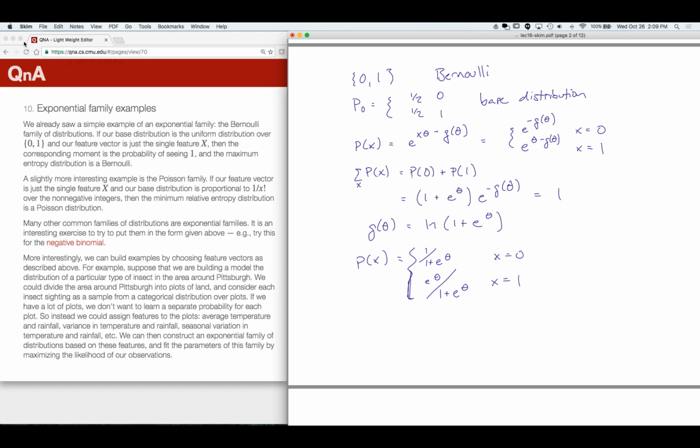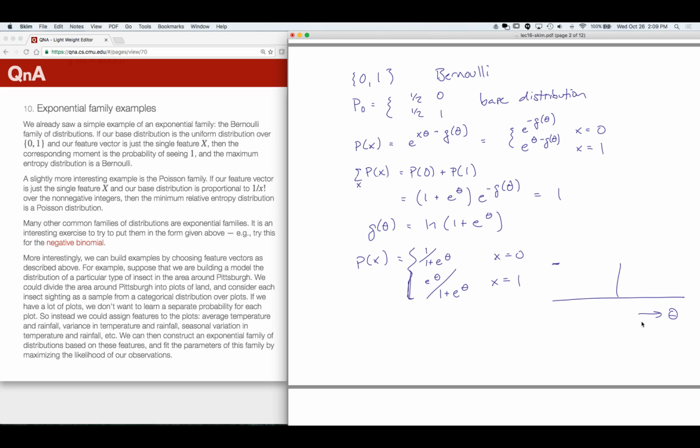And if we plot that, it's easier to just plot this one. This is the theta axis. If theta is very negative, e to the theta will be very small, and so this will be essentially 1.